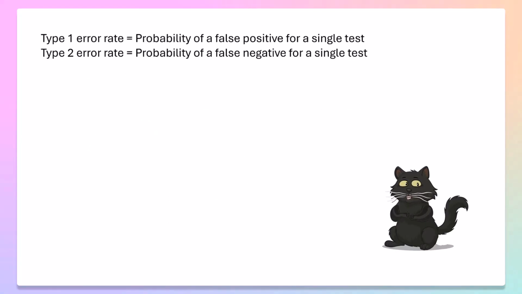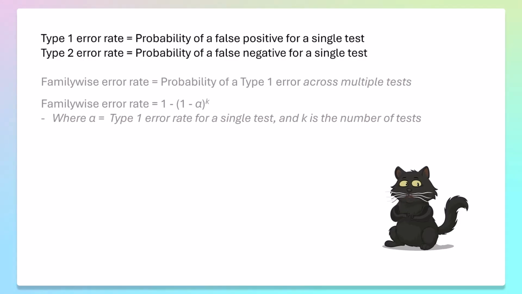A type 1 error rate is the probability of a false positive happening for a single test, and the type 2 error rate is the probability of a false negative for a single test. And importantly, the family-wise error rate is the probability of a type 1 error across multiple tests. And there's a little formula that you can use to work that out.